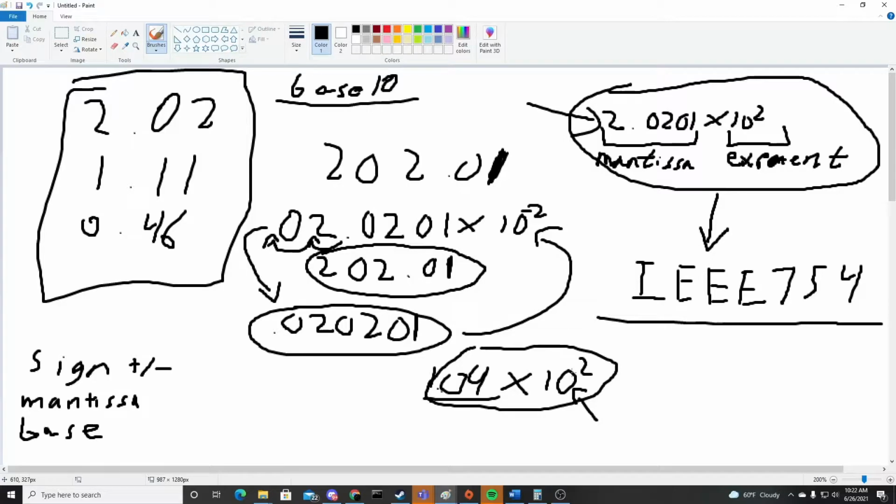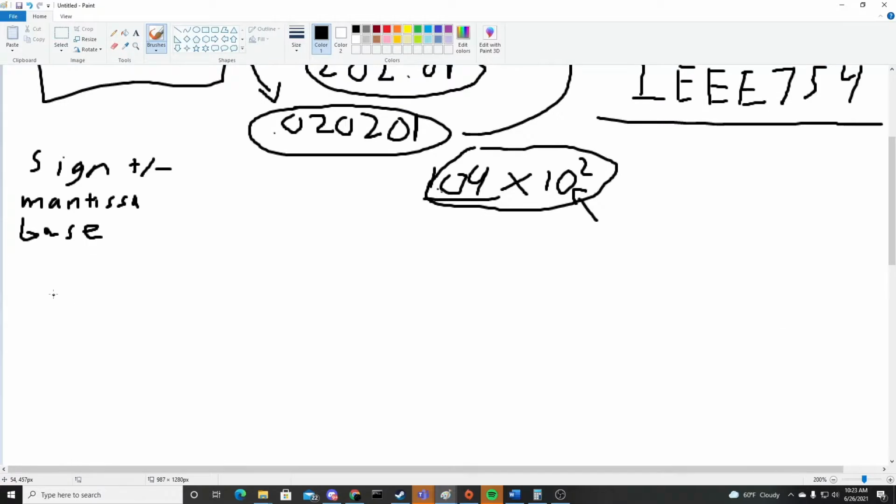We're in base 10 here for this floating point number that is in scientific notation. And then we also have the exponent, which again is just this little number here at the top that tells us how many places to shift, either left or right, in our mantissa here.